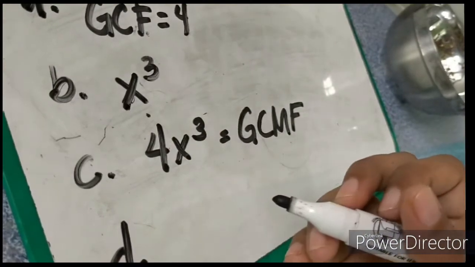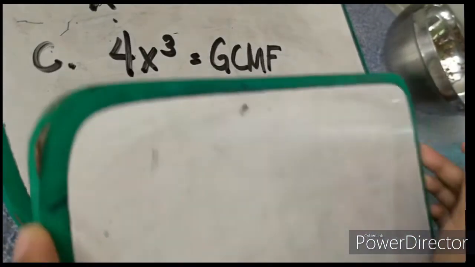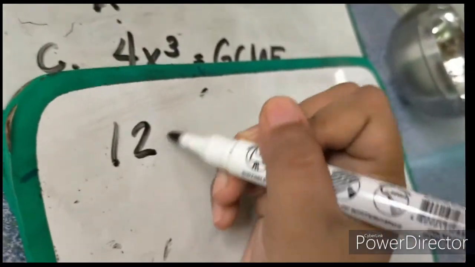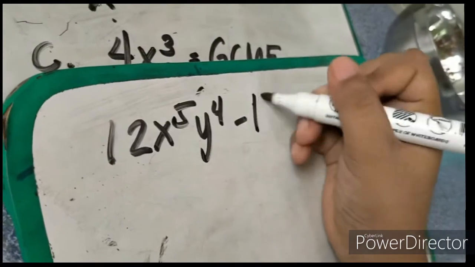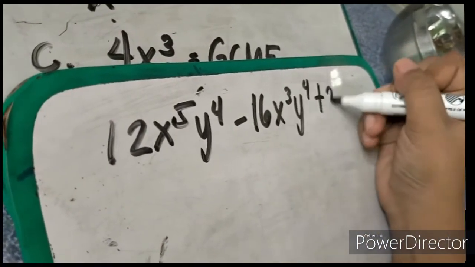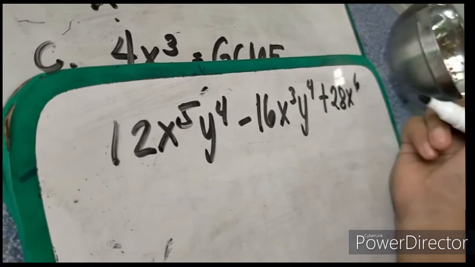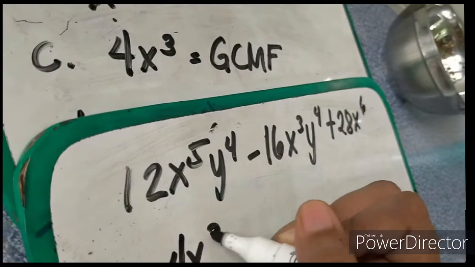Let's write down the original equation. 12x raised to 5 y raised to 4 minus 16x cubed y raised to 4 plus 28x raised to 6. Our GCMF is 4x cubed.